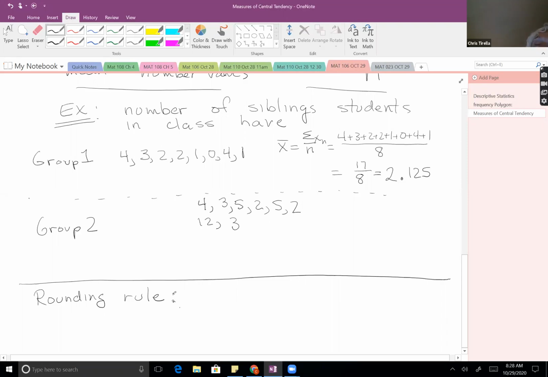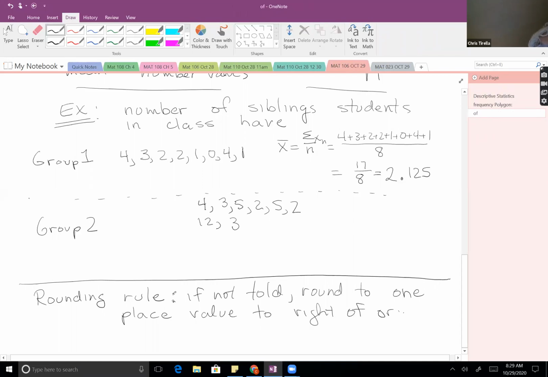So if you're not told where to round to, you're supposed to round to just one place value to the right of the original data. So we would actually round that to just 2.1.